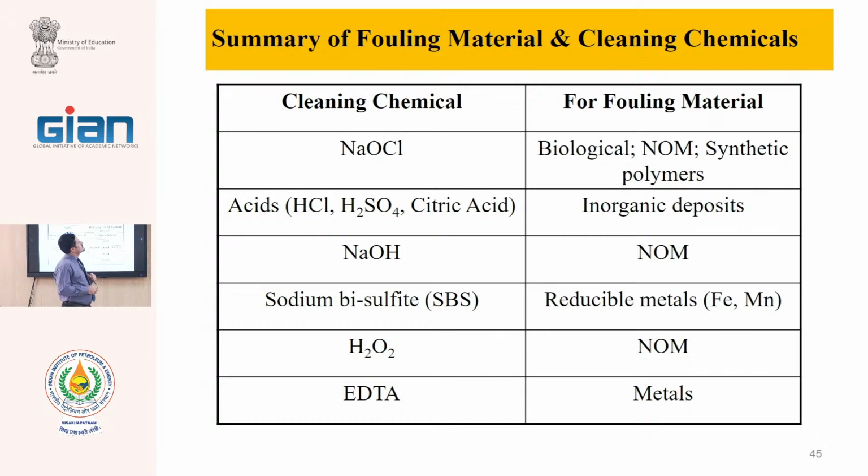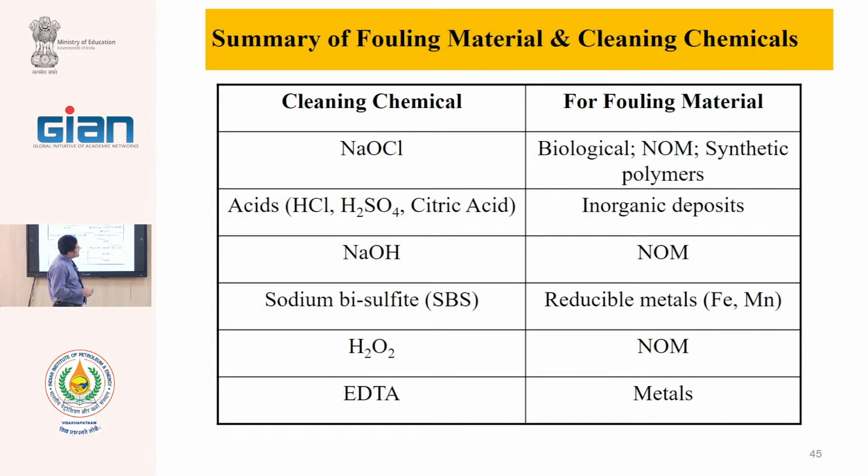Sodium hypochlorite can be produced from the reaction of NaOH with chlorine. This is a strong oxidizing agent and can oxidize the organic matters. All of these three, biological, NOM, and synthetic polymers, are organic matter.